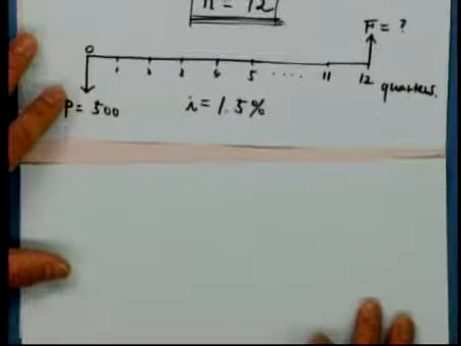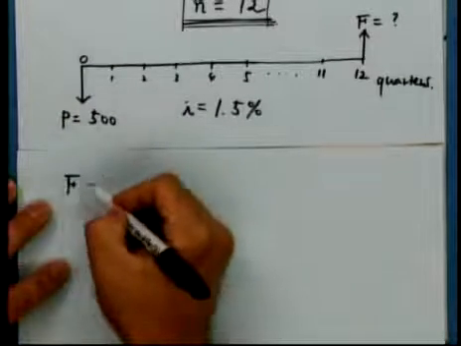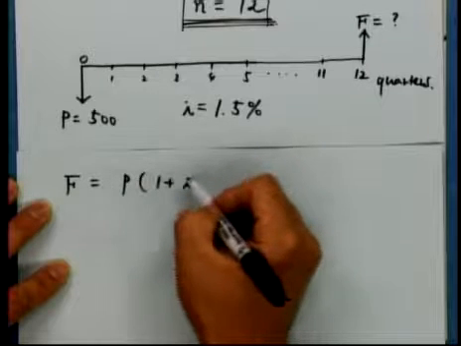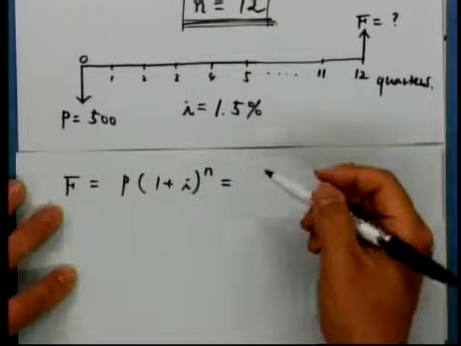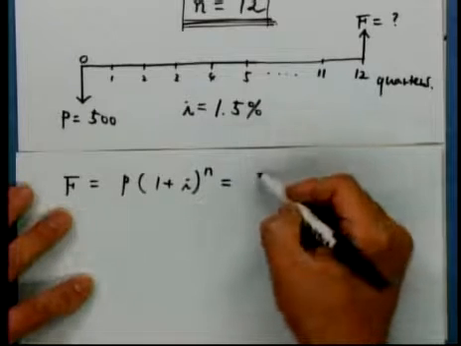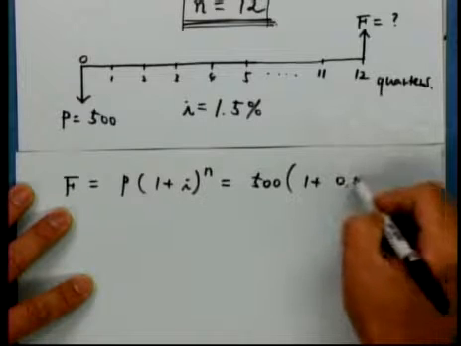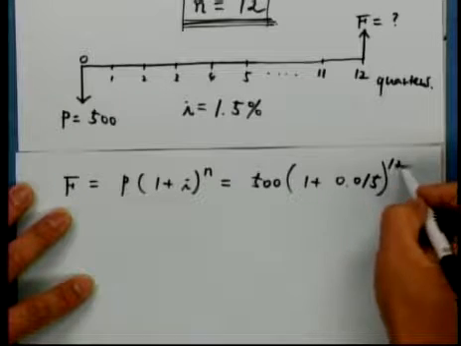So using the formula, we can get the future sum. This is 500 times (1 plus 0.015) to the power 12, right?